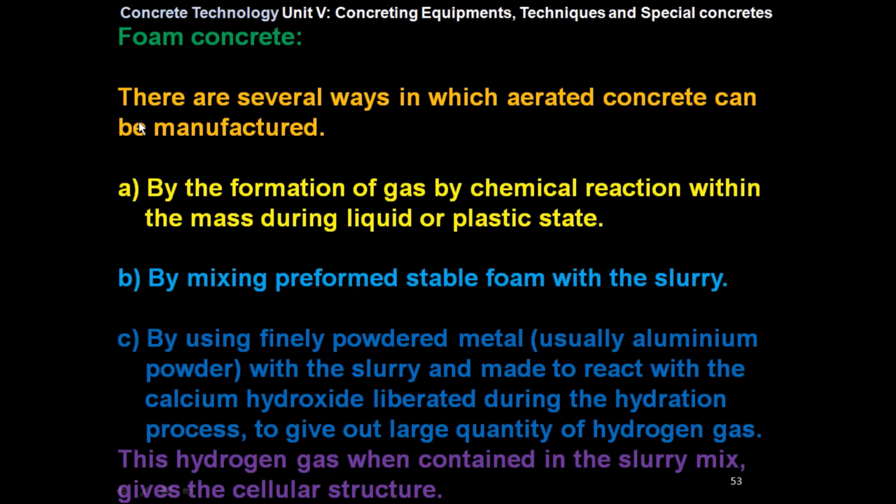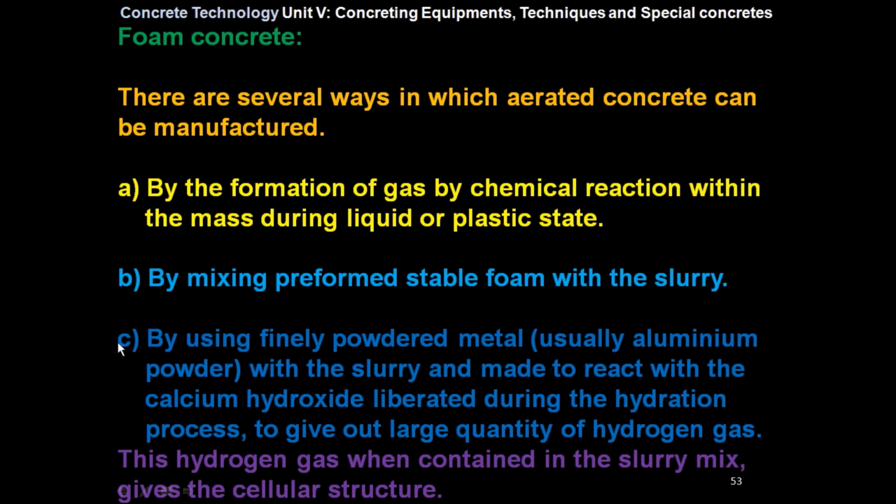There are several ways in which aerated concrete can be manufactured. First is by the formation of gas by chemical reaction within the mass during liquid state or plastic state. Second, by mixing preformed stable foam with the slurry.